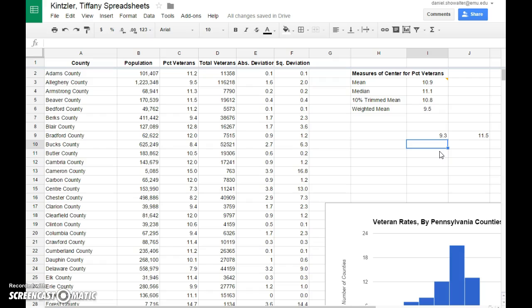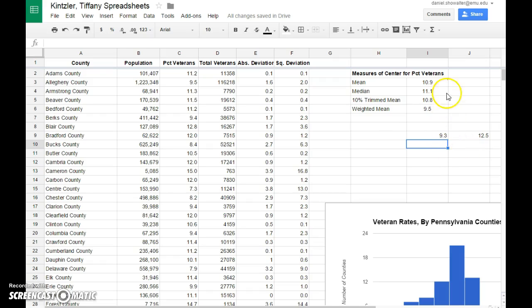If the data is distributed normally, about 2/3 of the counties in Pennsylvania will have somewhere between 9.3 and 12.5% veterans in their county. So 2/3 of the counties.